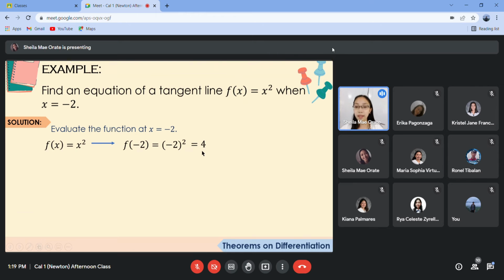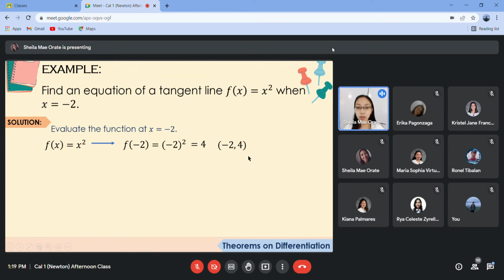And remember, we were given an x value, negative 2. Therefore, we have the point, or coordinates, negative 2 and 4. We need this point to find the equation of the tangent line, so reserve this for later.